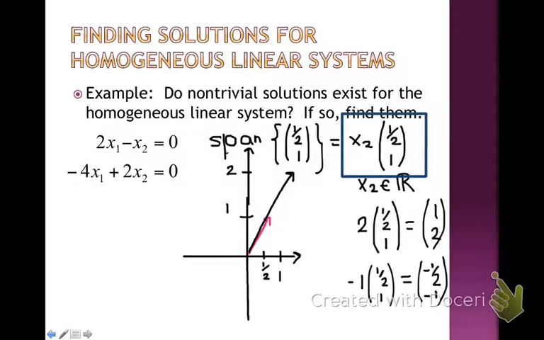So that's also part of the span. And so if we were to graph that vector, it would look something like this. So notice that any vector that is in the span of this single vector 1/2, 1 lies on the same line that goes through 1/2, 1.